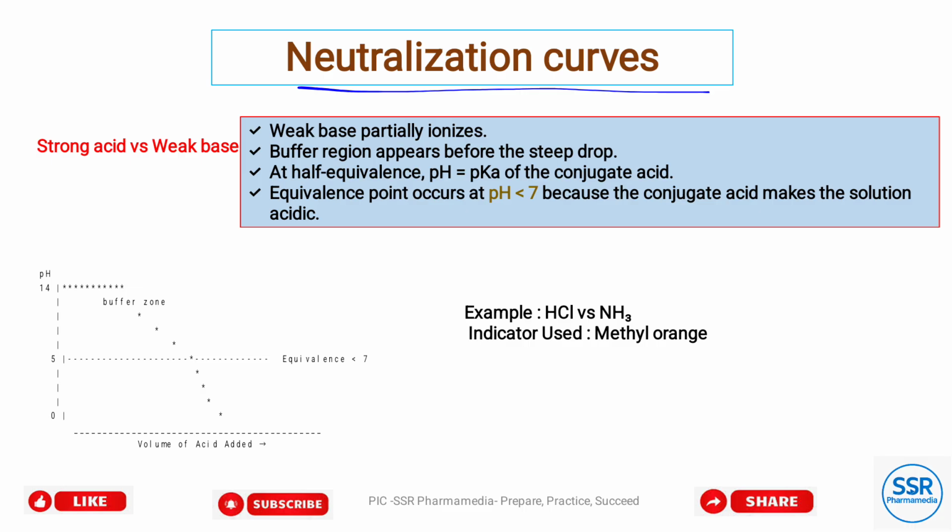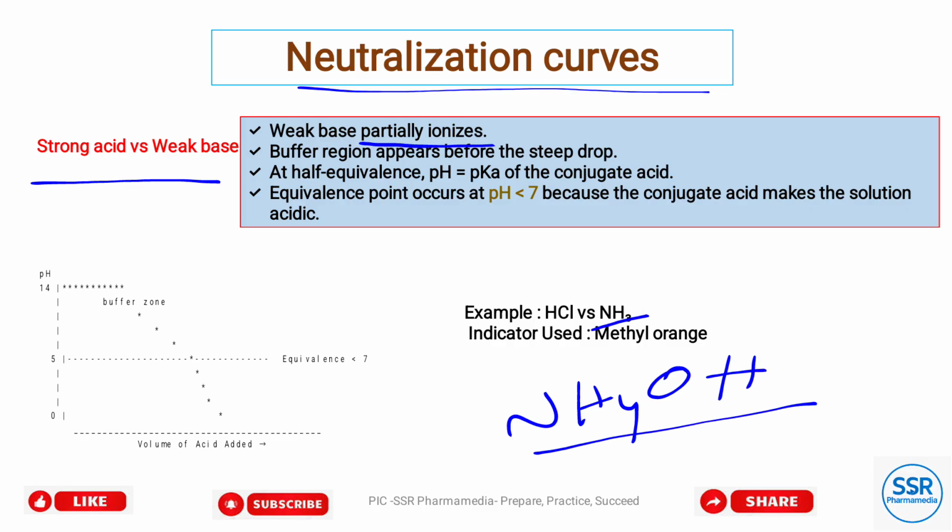Next, the neutralization curve for strong acid versus weak base. In this titration, the base is a weak base. Weak base means it is partially ionized. For example, ammonia or ammonium hydroxide is an example of a weak base.